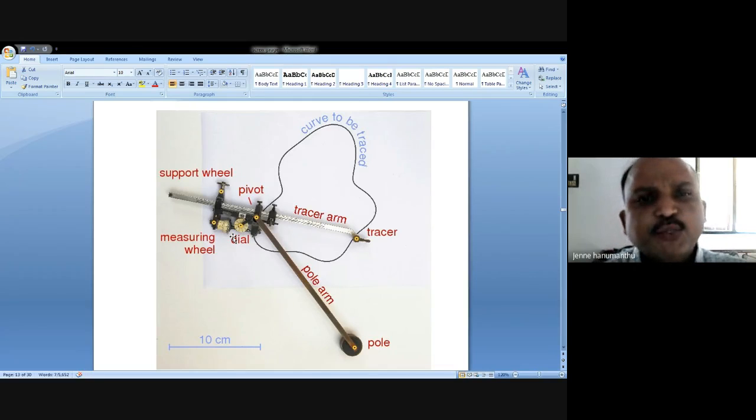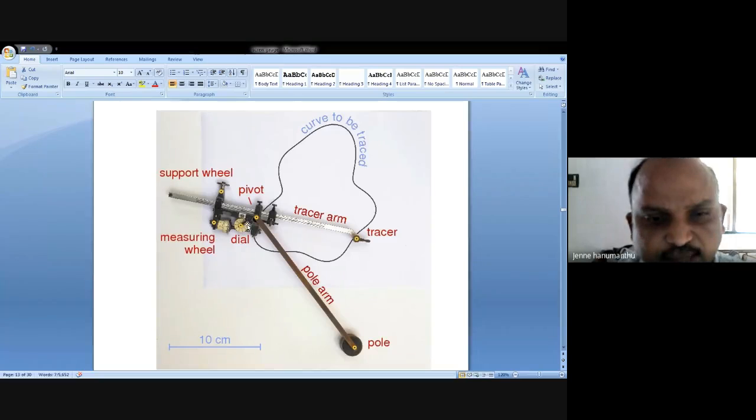How do you evaluate the reading of the unknown curve area? That is the question. This area can be evaluated like this. For example, you fix the arm at one place because it is a fixed arm, and move the tracer along the solid line of the unknown.